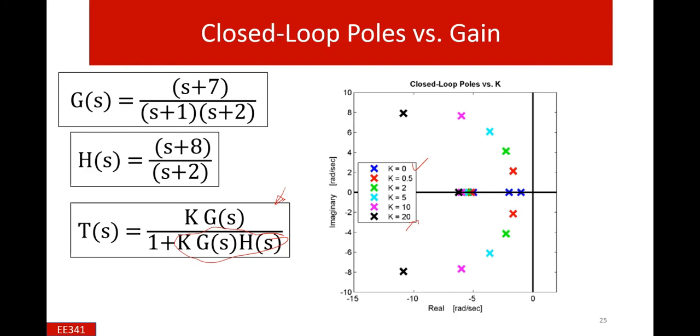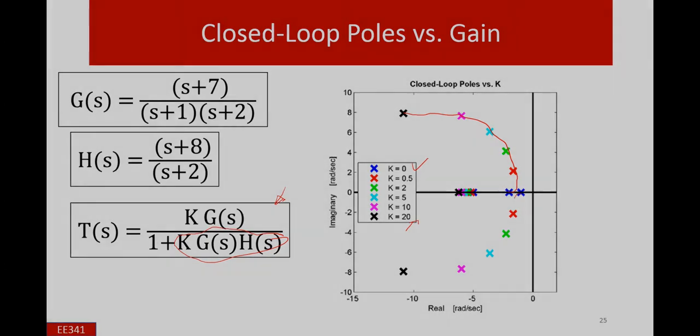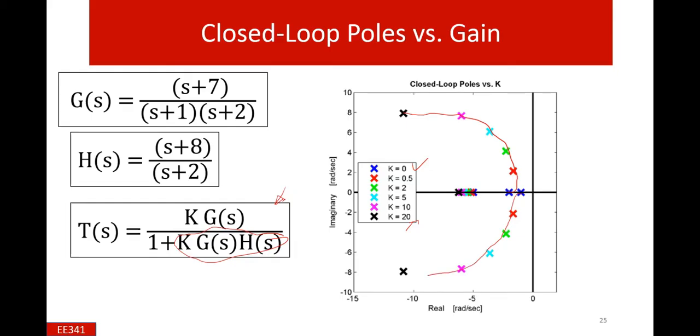So one pole's path changes in this way, and symmetrically the other pole's position changes with the variation of k. So this is the concept related to the root locus, and next we will describe it in detail.